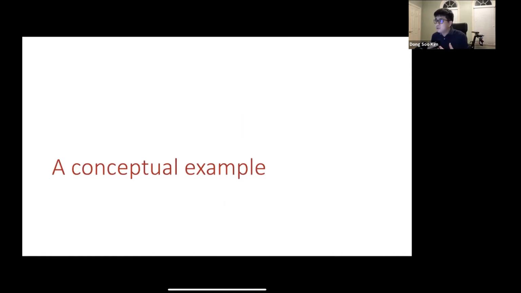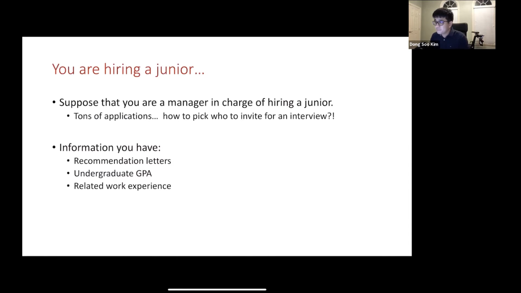Now I'm going to introduce a conceptual example for your better understanding in details of classification. This example is not an RFM analysis. It is about what you will face in your life, which is the best real-life analogy of RFM analysis. So suppose that you are a manager in charge of hiring a junior member.